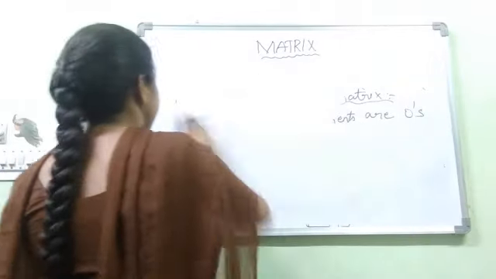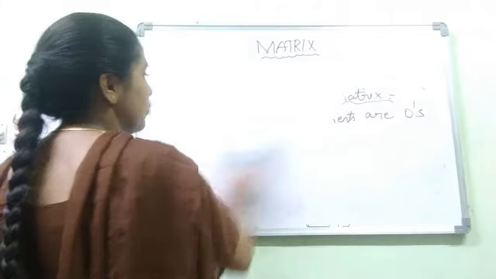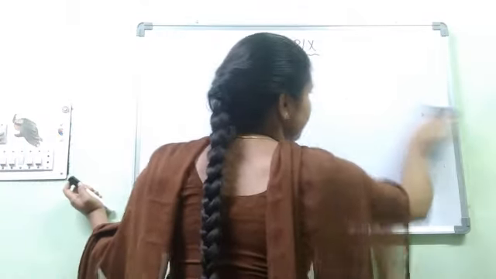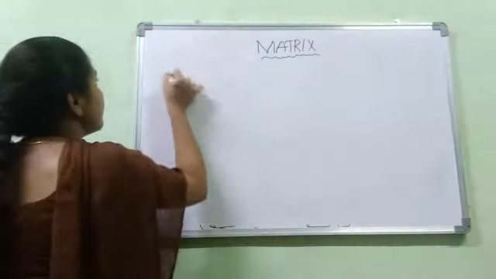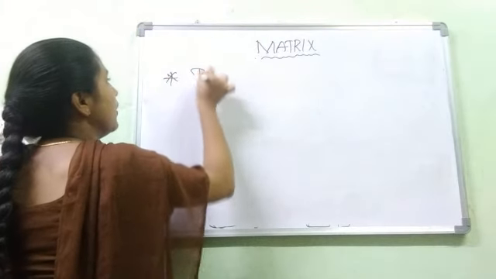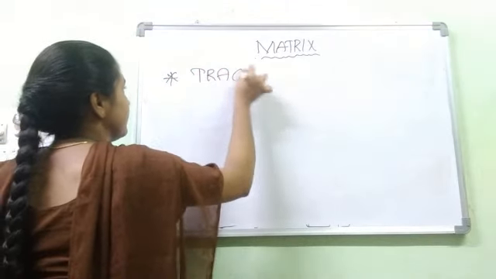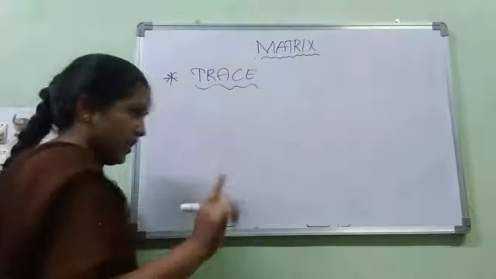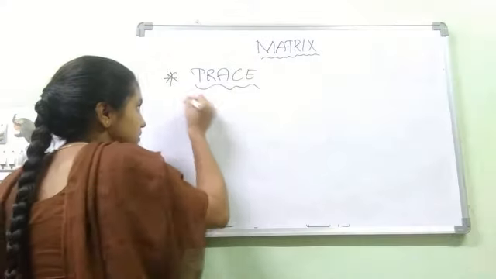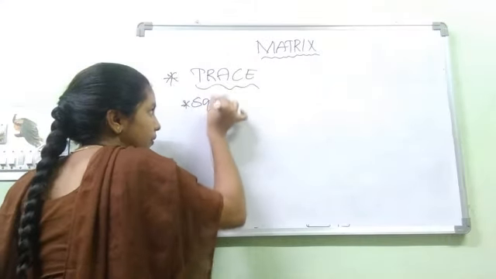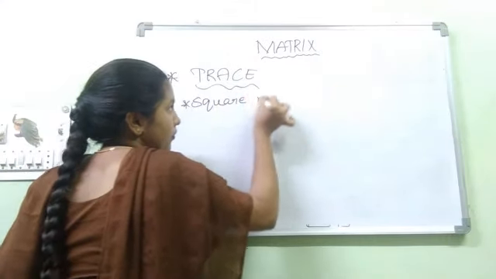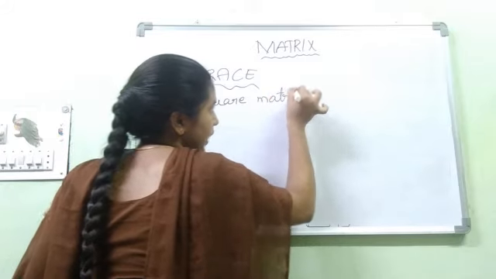Next we can discuss trace. What is trace? Once you remember what is principal diagonal matrix. Trace: we can define trace only for square matrix. Okay.